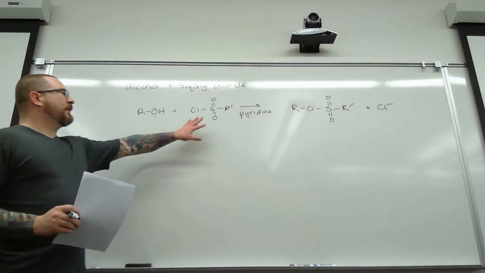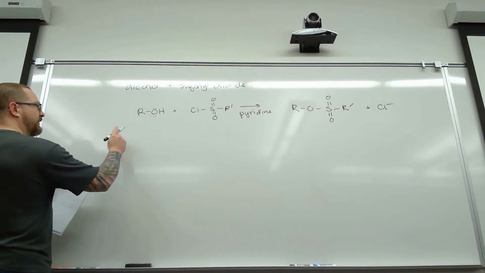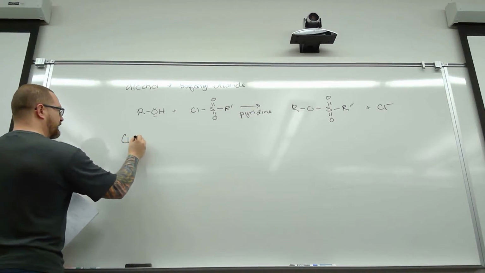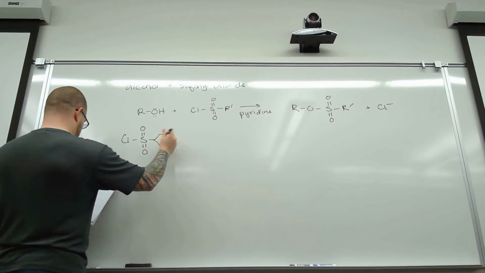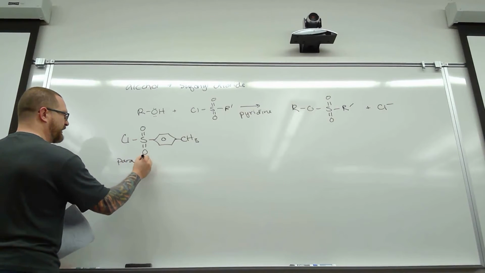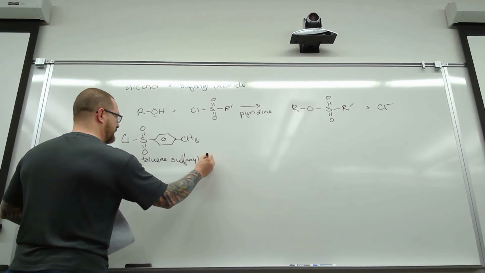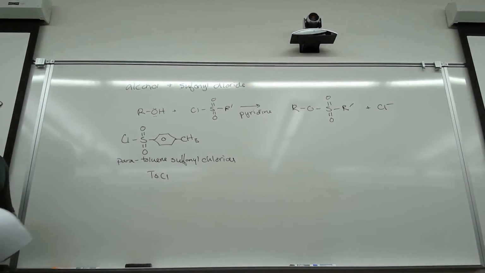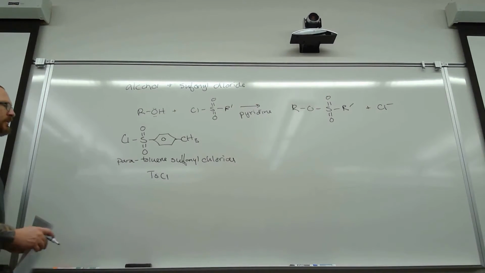There's a couple of different sulfonyl chlorides. The most common is tosyl, or OTs: para-toluene sulfonyl chloride, or tosyl chloride.